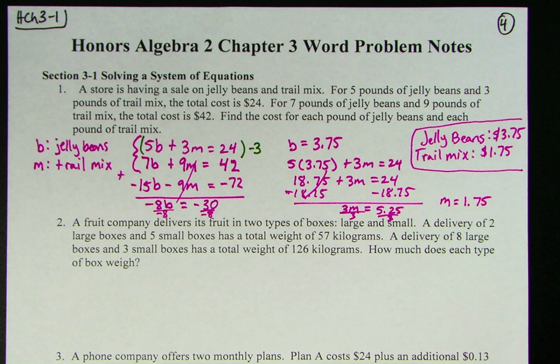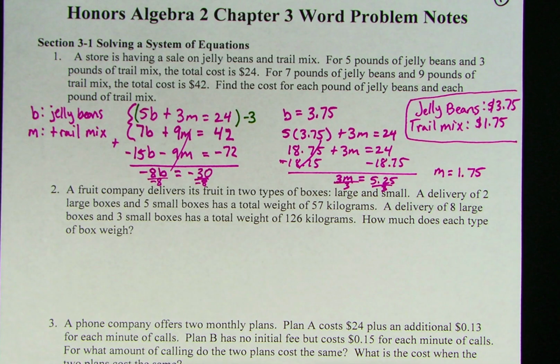Okay. All right, on the next one, we have a fruit company delivers its fruit in 2 types of boxes, large and small. A delivery of 2 large boxes and 5 small boxes has a total weight of 57 kilograms. A delivery of 8 large boxes and 3 small boxes has a total weight of 126 kilograms.